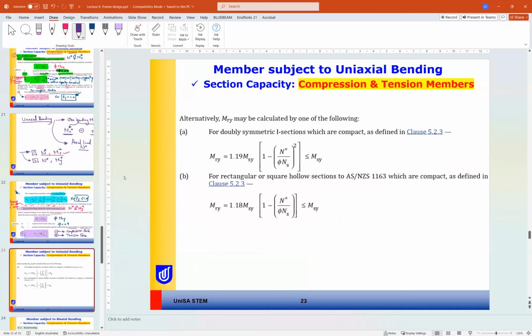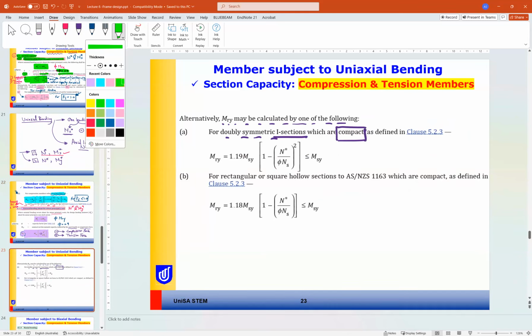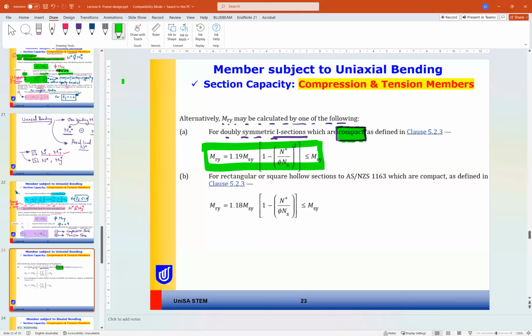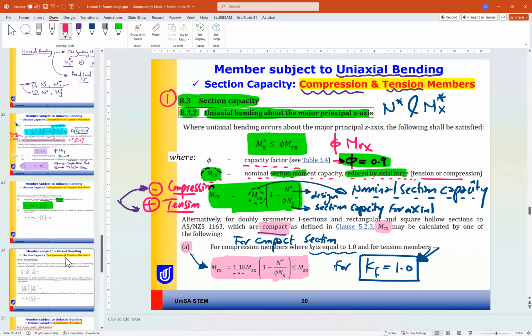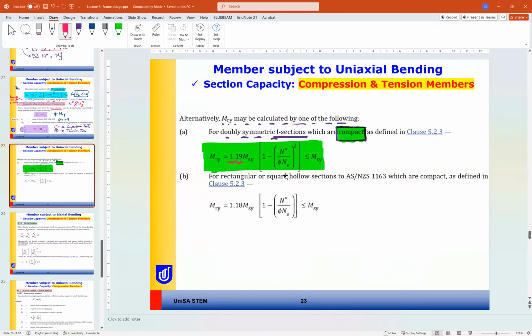Okay. Another way to find M_ry is using the following formulas. For a doubly symmetric I section, when the sections are compact, M_ry shall be calculated using this value. It is quite close to the previous, but 1.19. If we go back here, it was 1.18 for X. For Y, it is 1.19.